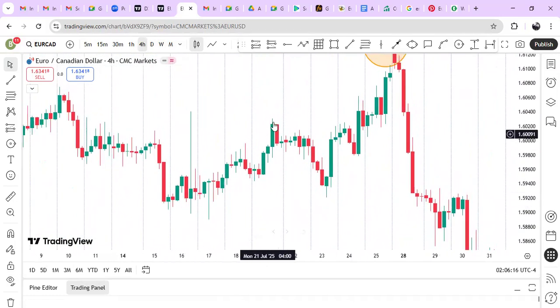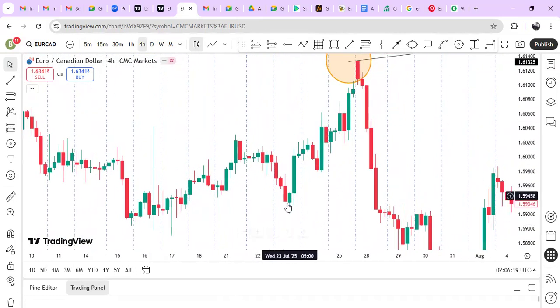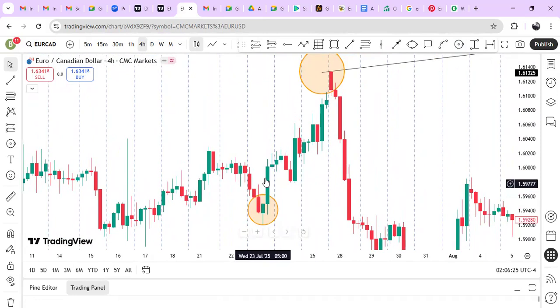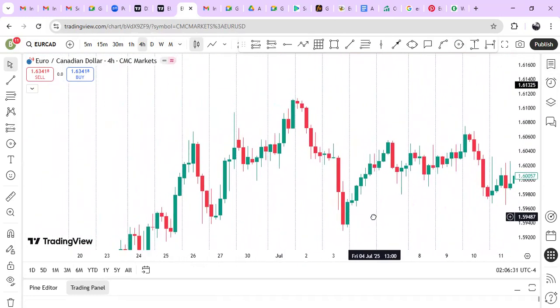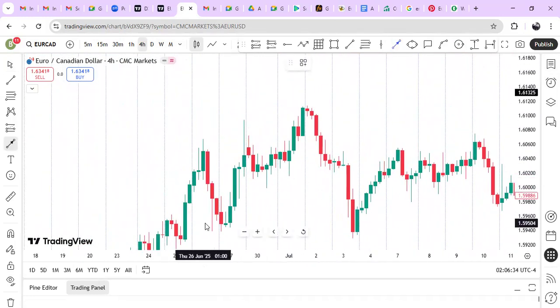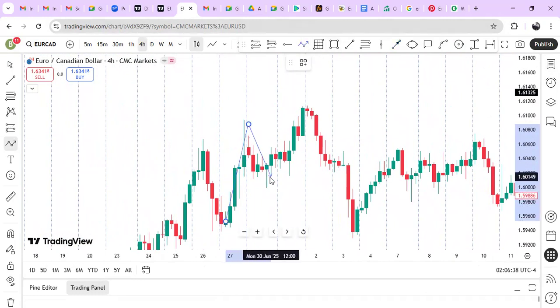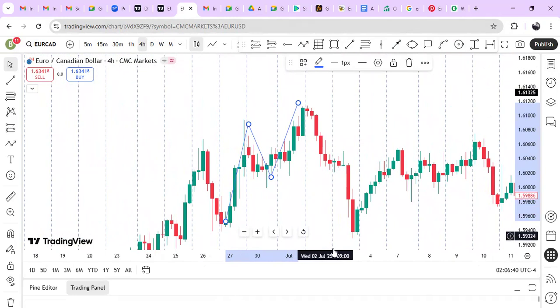Here again, the trend was a little bearish. Getting to this point, your hammer formed. Hammer formed, and what happened? Market went up. That's it. Here, the trend was bullish. Impulse, correction, impulse.